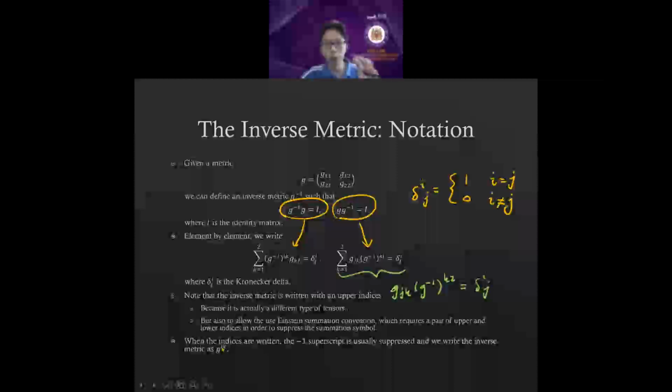We're not going to use this -1 superscript. With this being said, now only can I go on to talk about the geodesics. So I'm just going to introduce to you the geodesic equation first, and then later I will motivate why it takes this form.